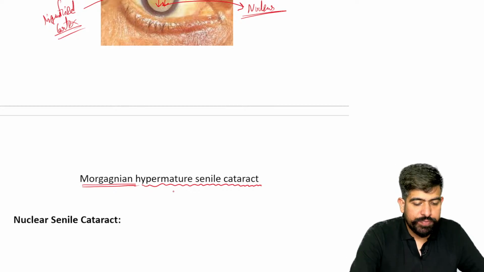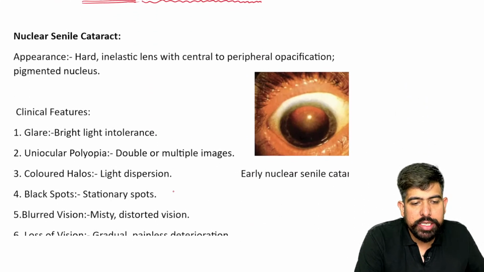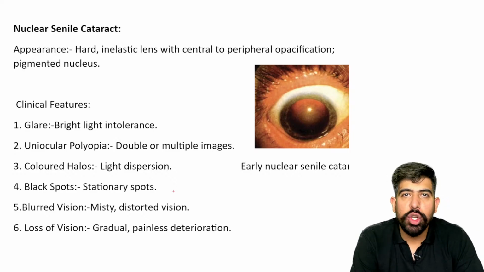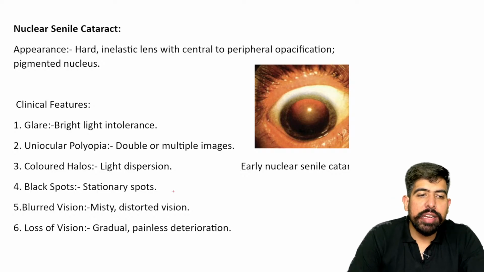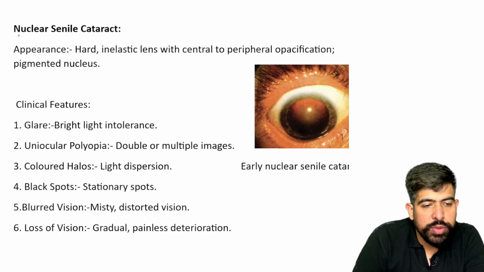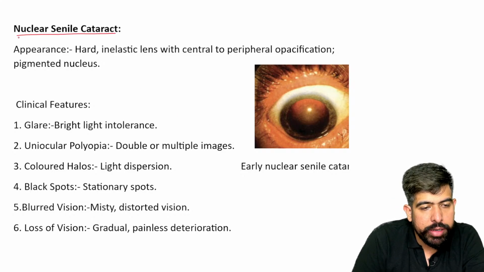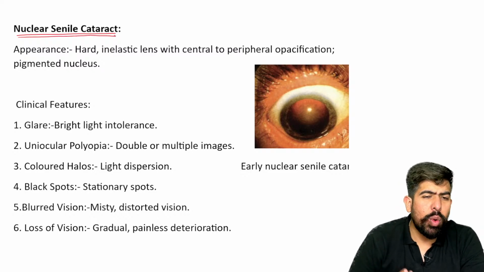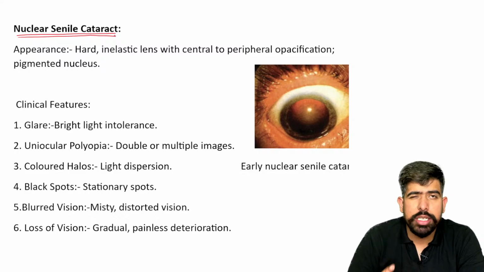Now, as we talked about immature, mature, and hypermature, starting with the immature cataract, the first one is the nuclear senile cataract. What do you mean by the nuclear cataract, guys? Just simple.